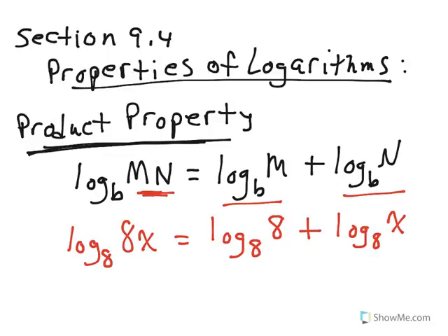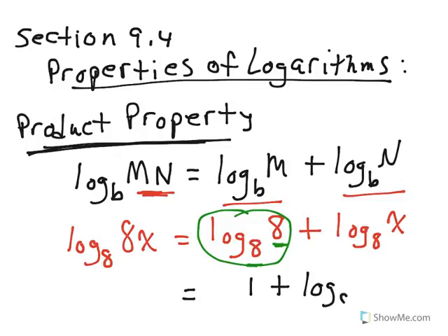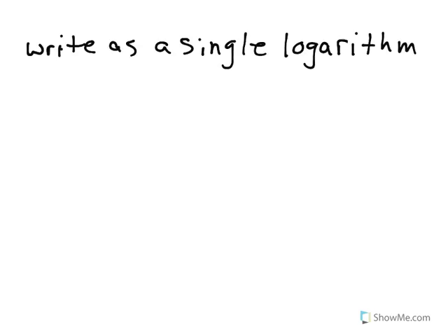Now, another property of logarithms states that if your base is the same as the answer, the entire logarithm equals 1. So now we have 1 plus the log base 8 of x.